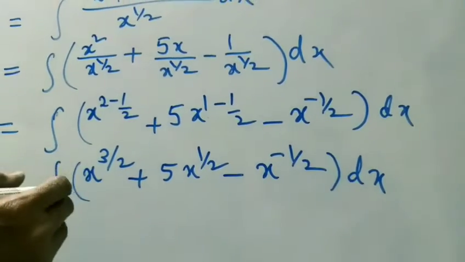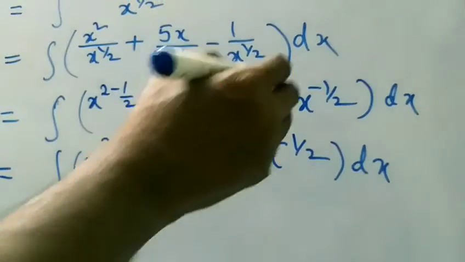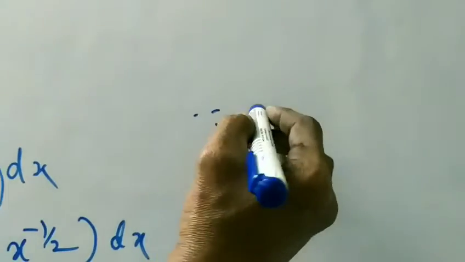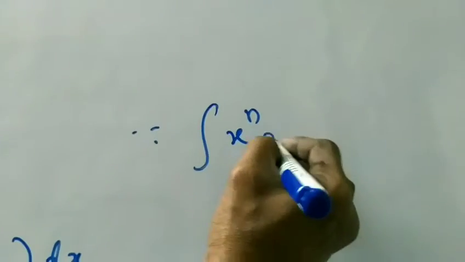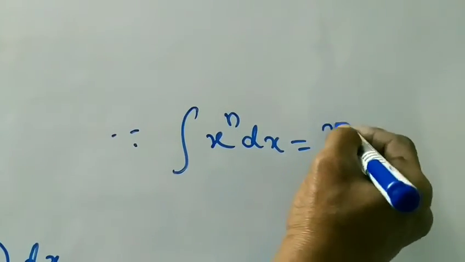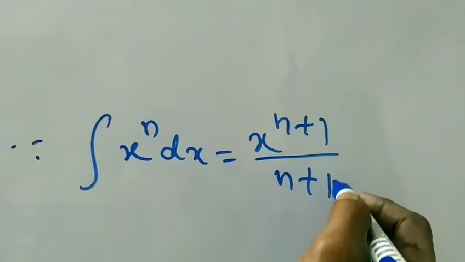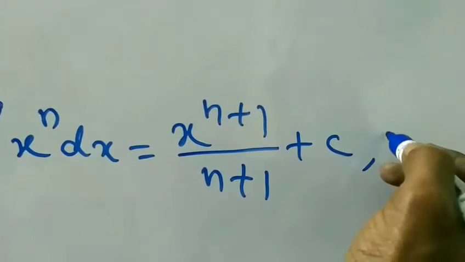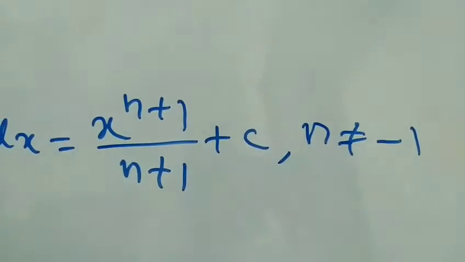It is of the form integral of x to the power of n dx. We already know the basic formula: integral of x to the power of n dx is equal to x to the power of n plus 1 by n plus 1 plus c, where n does not equal minus 1.